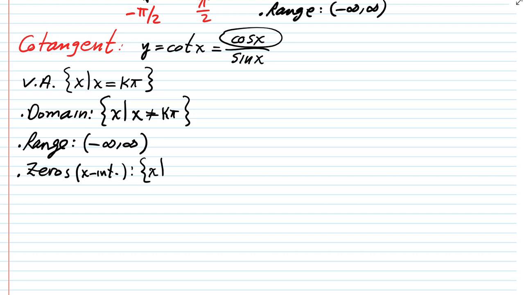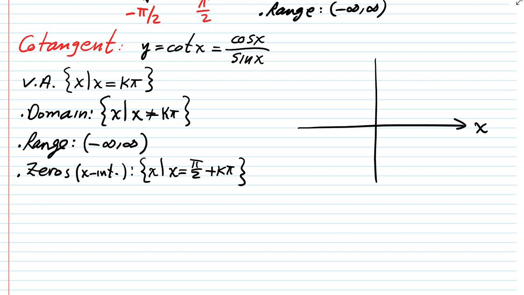These are where x is pi over 2 plus k pi, the places where the numerator of that expression is 0. Now, what does the graph look like? So this time, one cycle of the graph of cotangent looks like so.